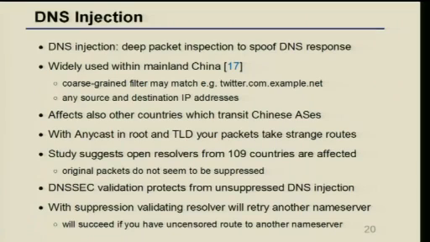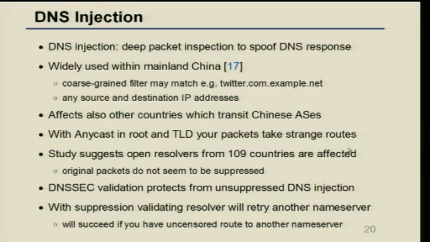Okay, then there is another government censorship method, and it's called DNS injection. There is a paper in which it is described by an anonymous research group, very interesting, I highly recommend it, it's under number 17. DNS injection uses deep packet inspection to then spoof DNS responses.